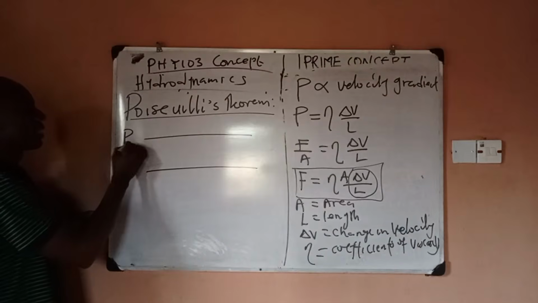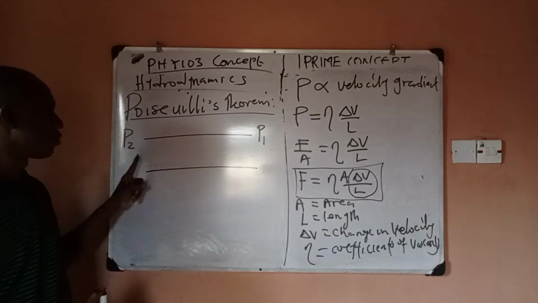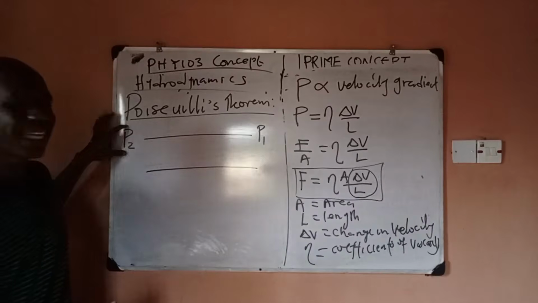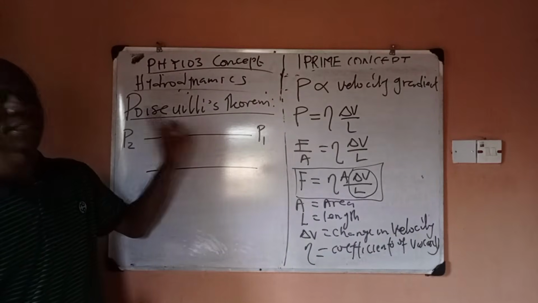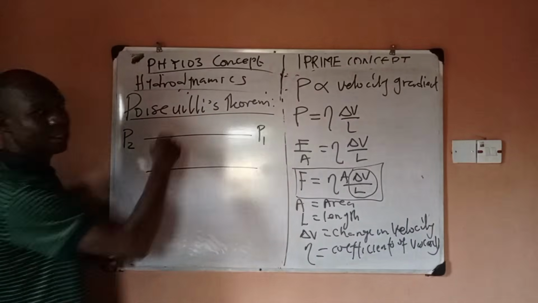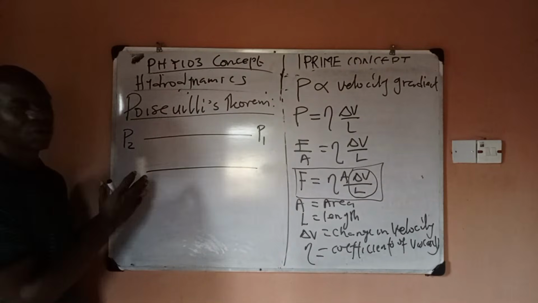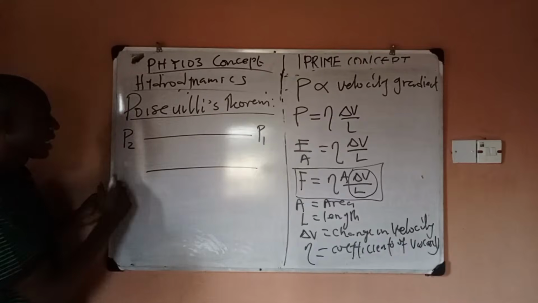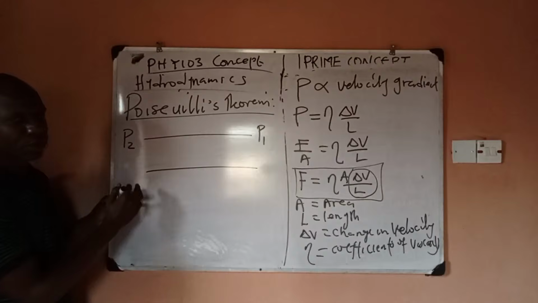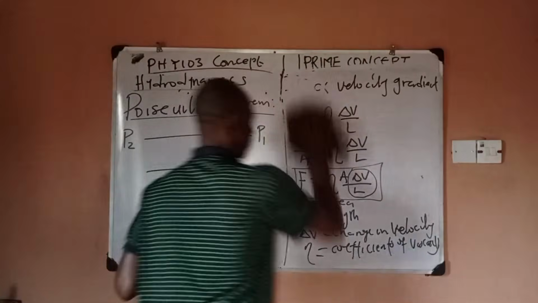If the pressure here is P2 and the pressure here is P1, for the fluid to flow from this end to this end, P2 should be greater than P1. If you want the fluid to flow the other way, P1 should be greater than P2. That is what Poiseuille is saying: for a viscous fluid, the rate of flow would be given.